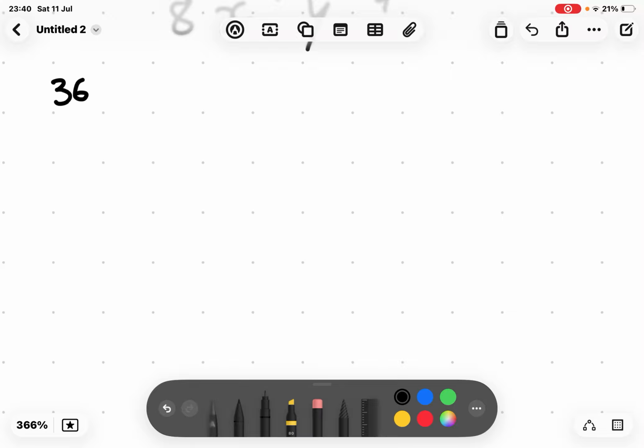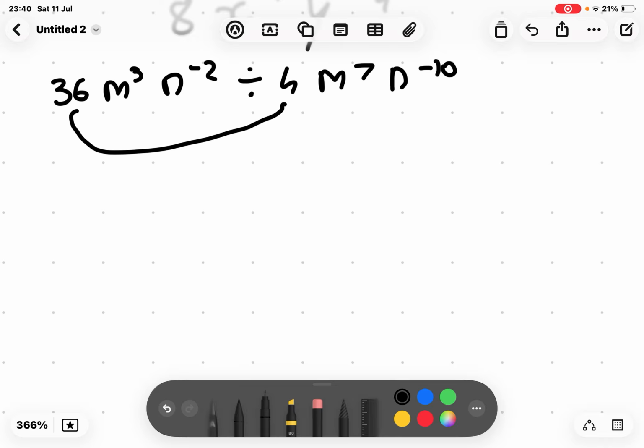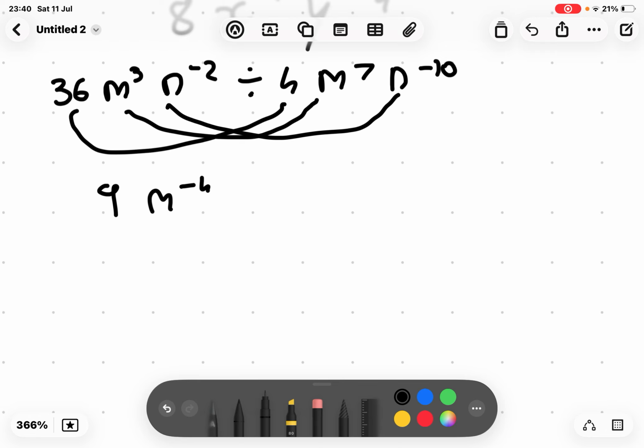After that, these two divided 9. This take away that. These two negative, and 10, this is plus 8.